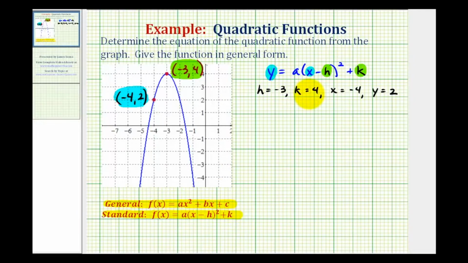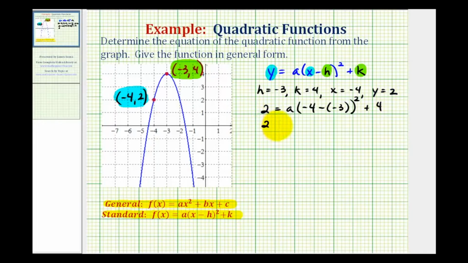Once we determine the value of a, we'll have the function in standard form, which we'll then write in general form. So we're going to have 2 equals a times the quantity x minus h. Well, x is -4, minus h is going to be minus -3. And we're going to square this and then add k, and k is +4. So now let's go ahead and simplify this.